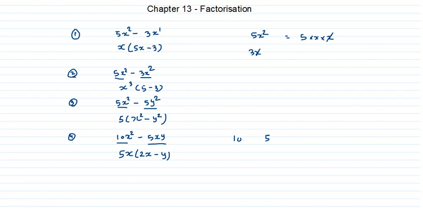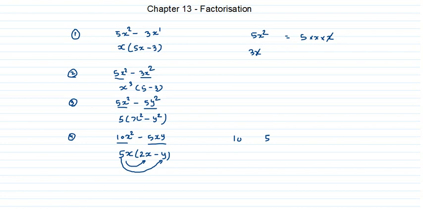How can you verify? You can multiply these two: 5x into 2x, which is 10, and x into x is x square, so 10x square. Same here, 5x into y, with the minus sign, is minus 5xy.